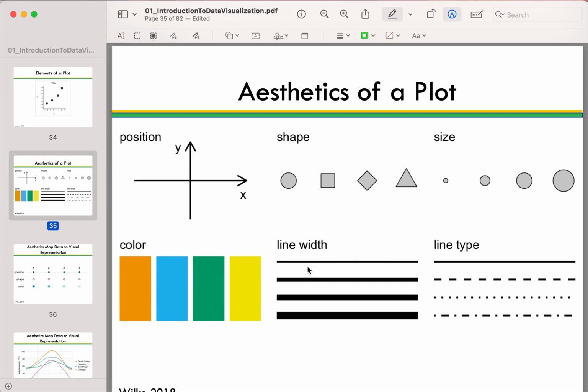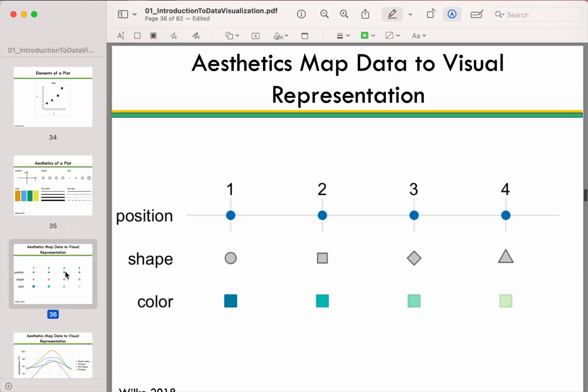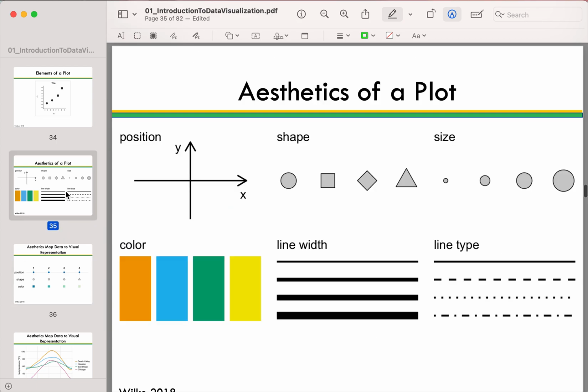The lines could be solid lines or dotted lines, or they could be thicker or thinner lines. We could also use colors. So we have the position, the shape that we place into the position, the color, and the line. So these would be the basic structural elements for creating a data visualization plot.